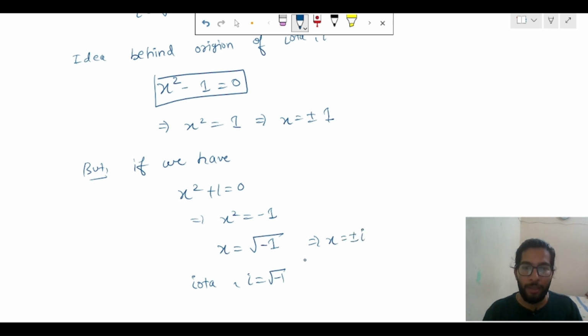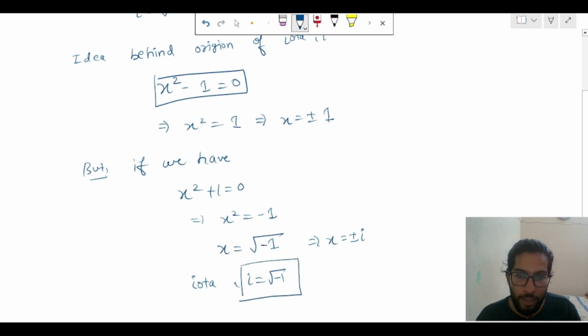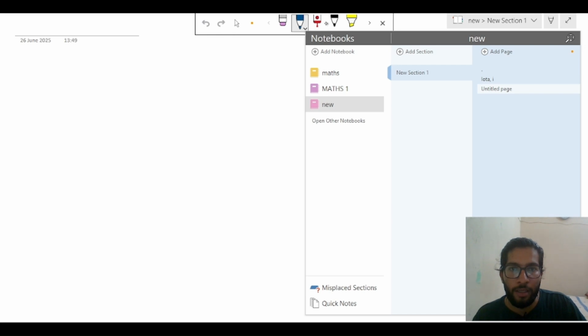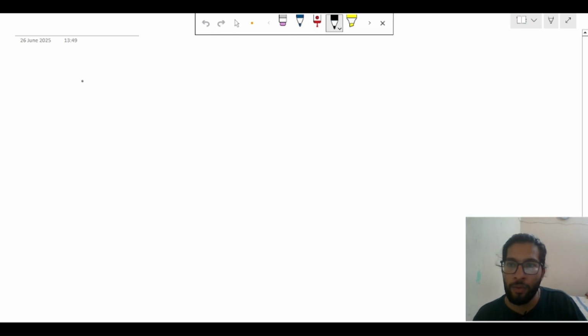Okay, this is the basic idea behind the origin of iota. So as of now it is clear where iota comes from, and iota is equal to under root minus 1. Now we are able to understand the concept of complex numbers.